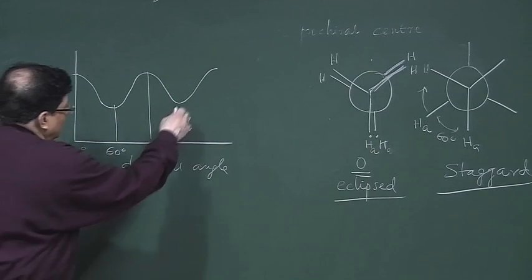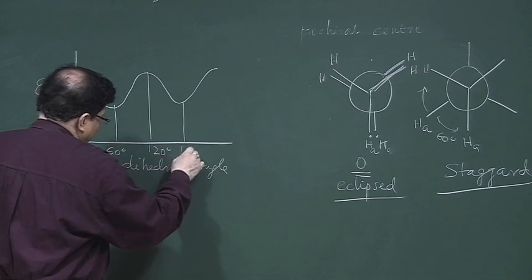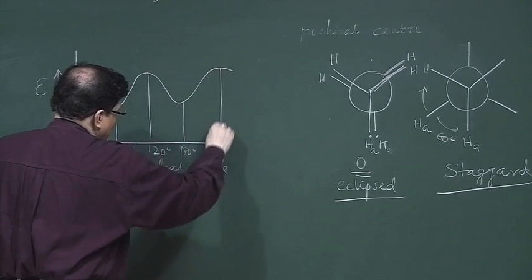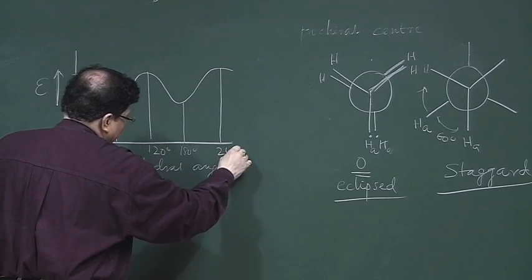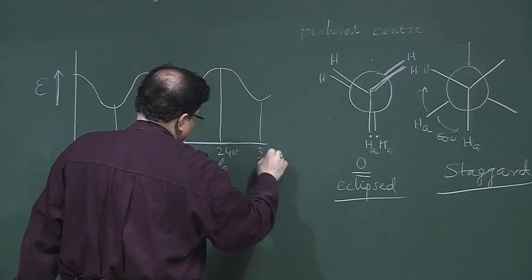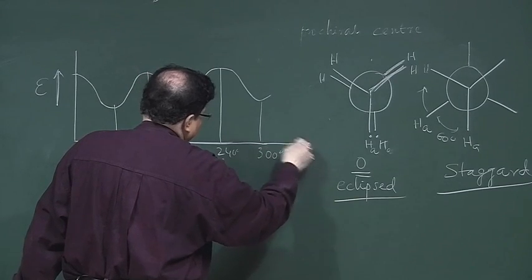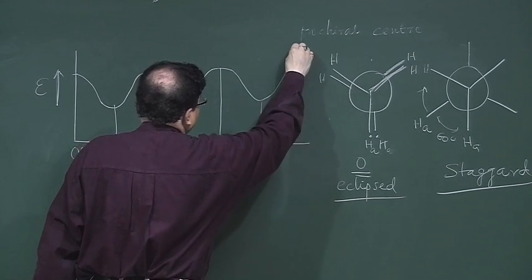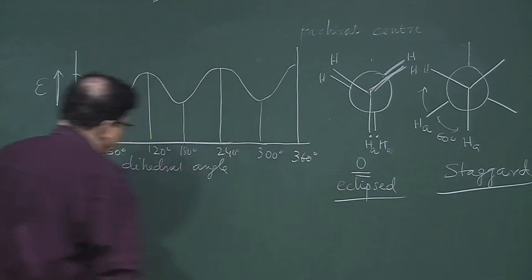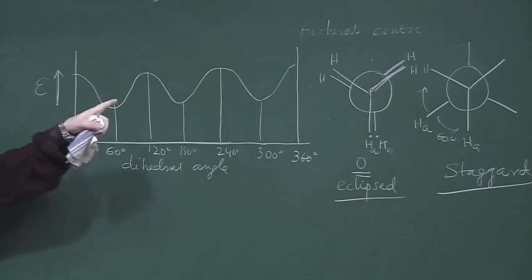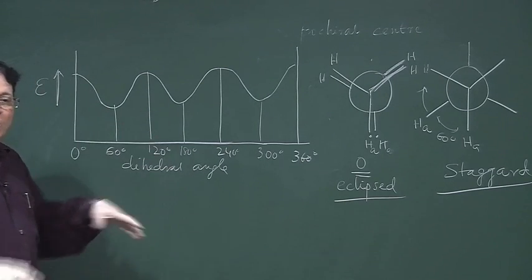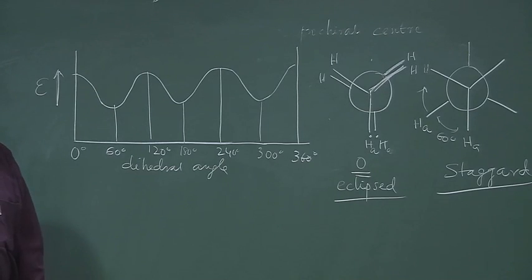Then you have a 180 degree rotation, then 240 rotation, then 300 degree, and finally at 360, you come back to the eclipsed form. Okay. So, this is the energy profile diagram of ethane, or what we call the conformational analysis.